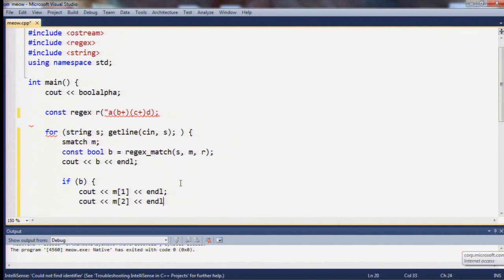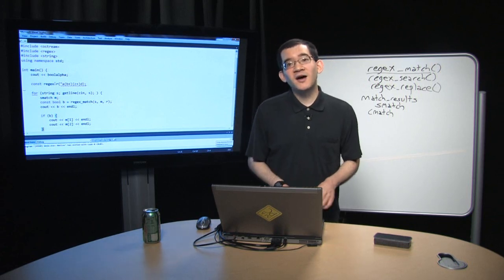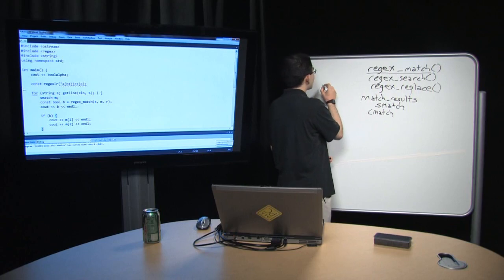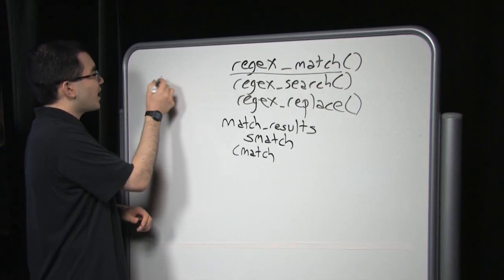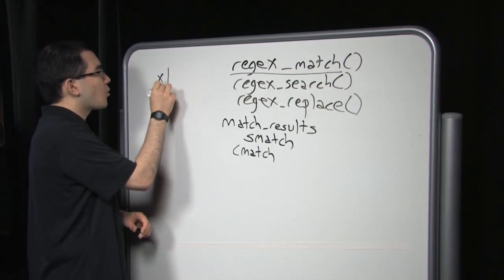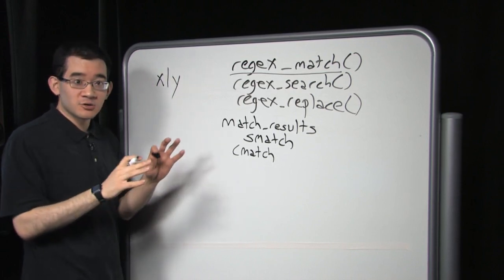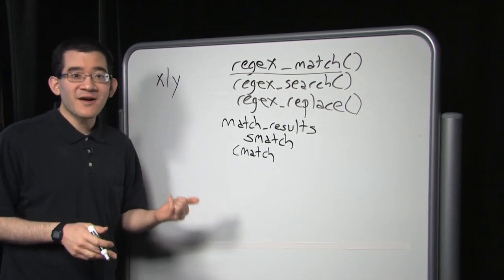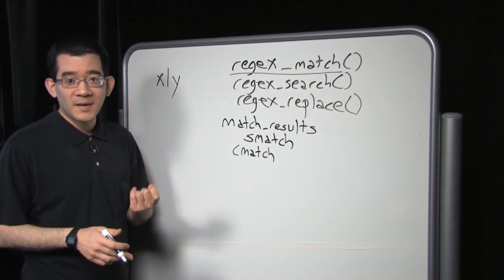So what's going on here is that my regex has these parentheses. Parentheses serve a couple of purposes. The first thing that they do is enforce precedence. This is just a regex syntax thing. If I wanted to write, I want to match either x or y, I use the pipe or the alternation operator. But what if I want to say I want to match a followed by either x or y followed by z?